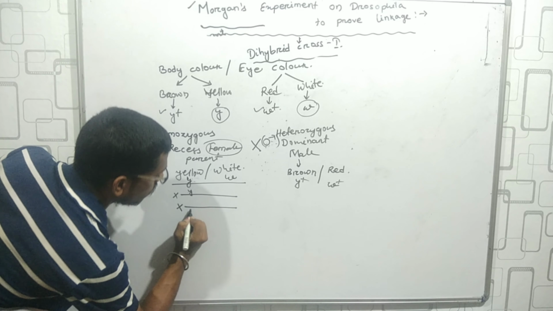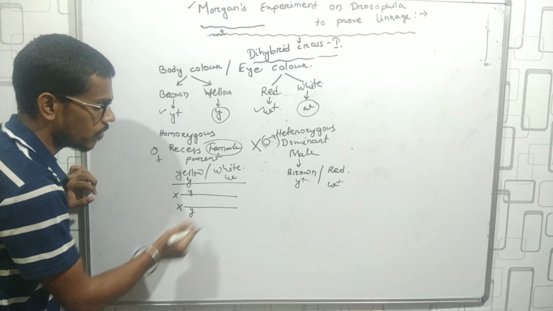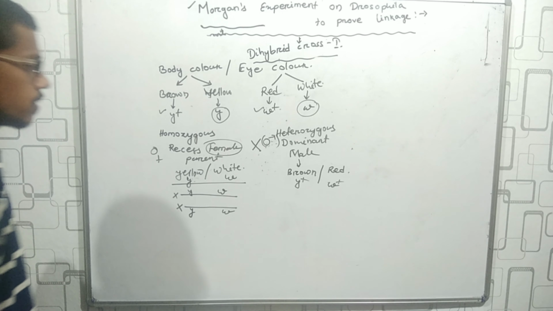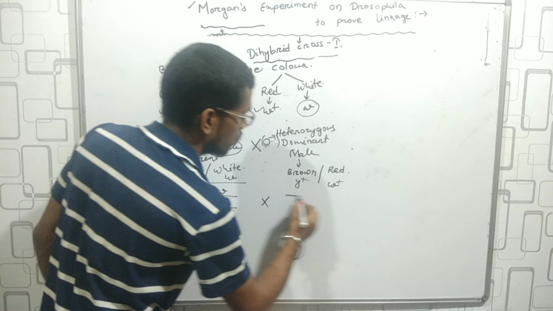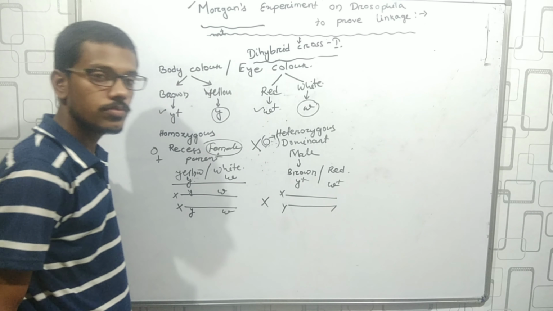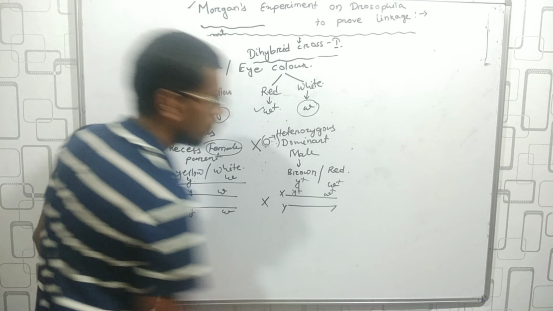Thus the chromosome will have y y alleles, and here w w. It will cross with the male individual, that is X and Y. The X chromosome has y plus and w plus.